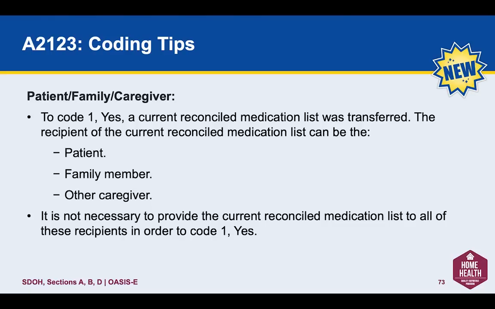For A2123, the recipient of the current reconciled medication list can be the patient, family member, and/or caregiver. It is not necessary to provide the current reconciled medication list to all of these recipients in order to code 1, yes.